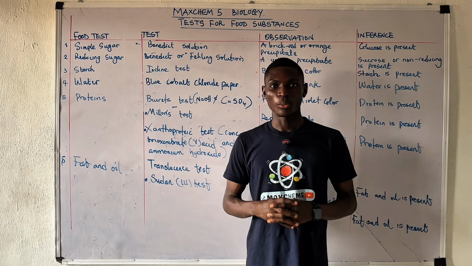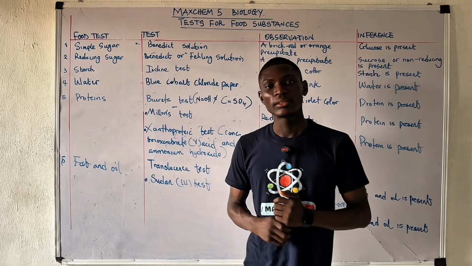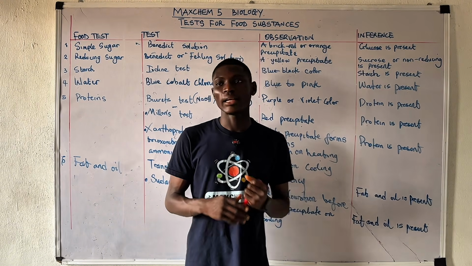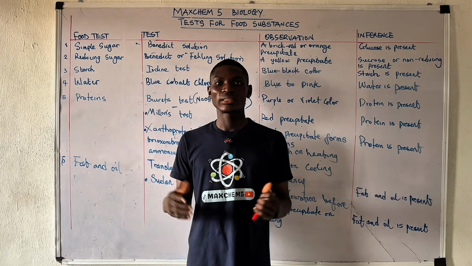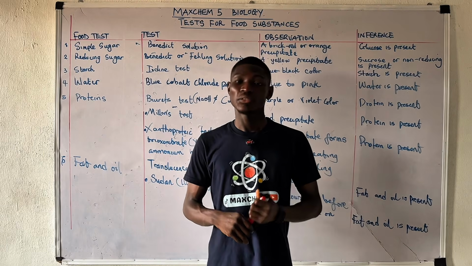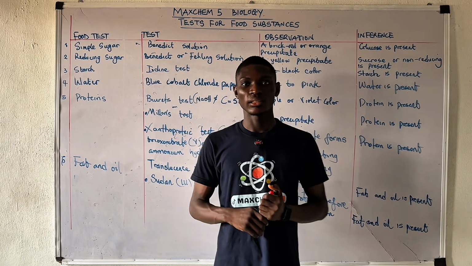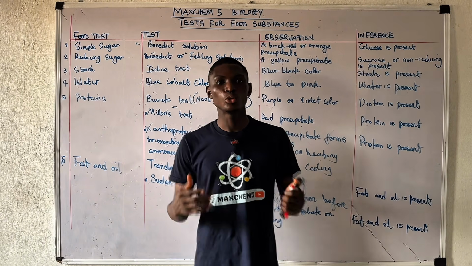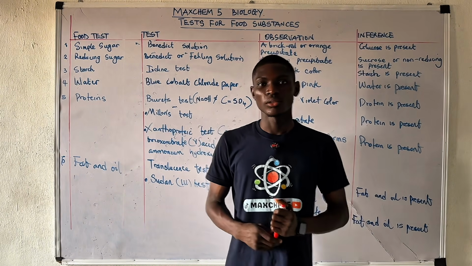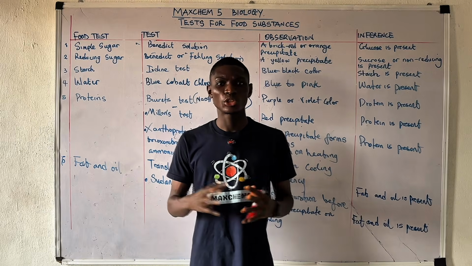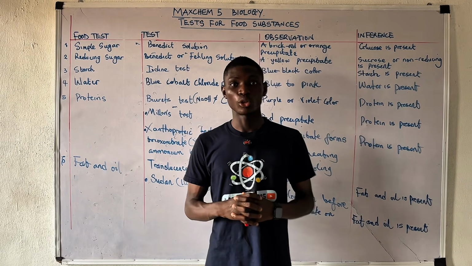Before I delve into the topic, remember I explained that a food is any substance that possesses a chemical composition. The food can be liquid or solid, which when ingested supplies the body with nutrients necessary for growth, reproduction, respiration, and other vital functions.